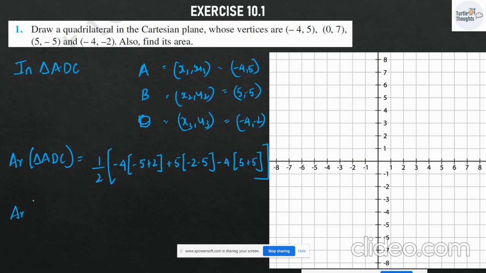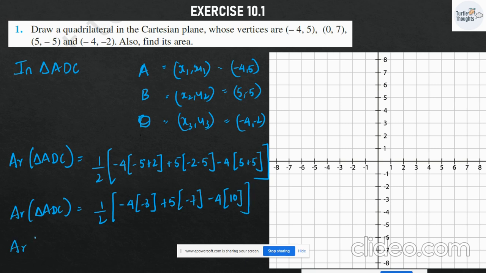Upon solving, area of triangle ADC is going to be equal to half multiplied by minus 4 multiplied by minus 5 plus 2, it is going to be minus 4 multiplied by minus 3 over here, plus 5 multiplied by minus 7, minus 4 multiplied by 10.